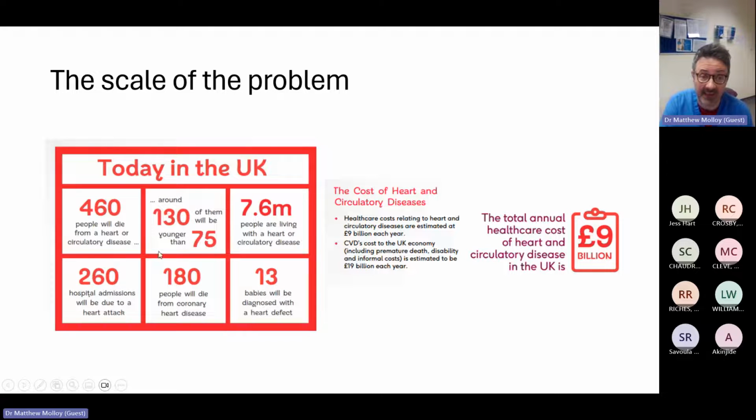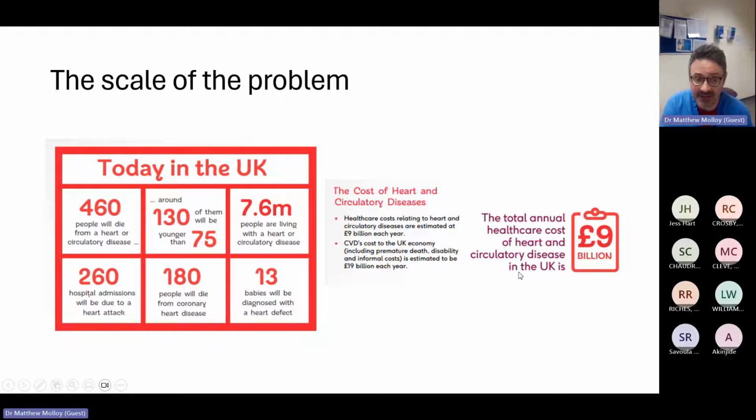In the UK today alone, 460 people will die from heart or circulatory disease. About 130 of those 460 will be under the age of 75. There'll be 260 hospital admissions due to heart attacks, and 180 patients will die from coronary heart disease.